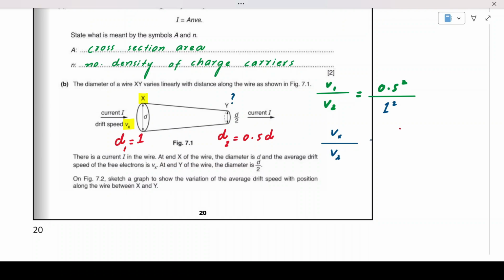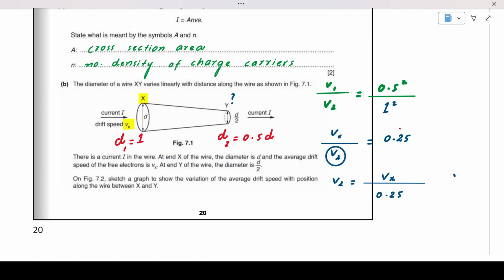So V2, and then the square of 0.5 is 0.25. We need to find the value of V2. So V2 equals Vx divided by 0.25.